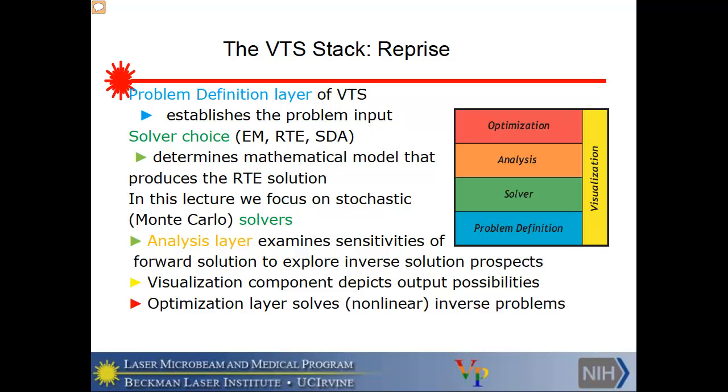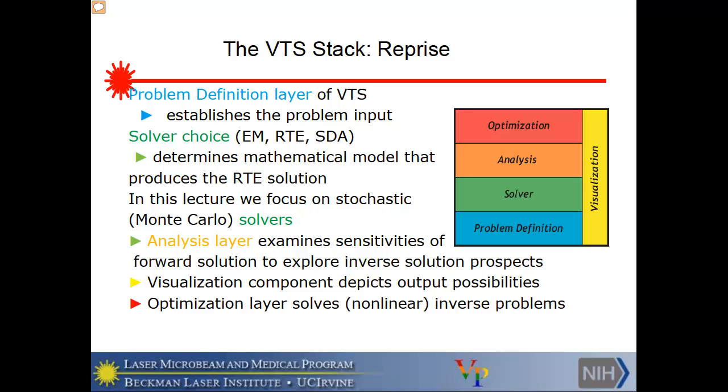Now this is just a little bit of a reprise before we take a quick look at the inverse problem. I mentioned earlier that the first two stacks here, problem definition and solver, give you this information. You need to describe the mathematical model you're going to use. The analysis layer, this next layer, examines the sensitivities of the forward solution with respect to various parameters.